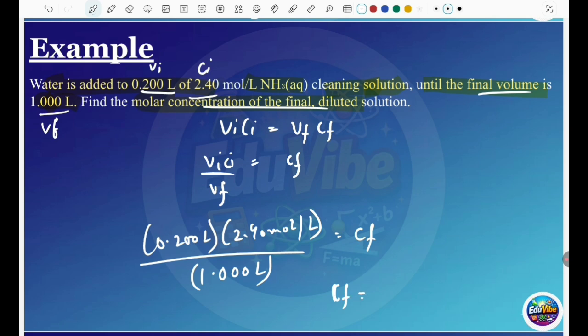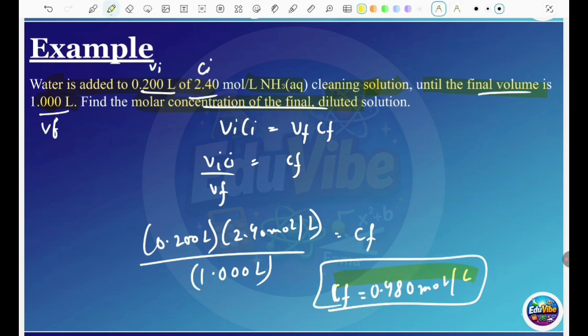Then Cf is equal to 0.480 moles per liter. Easy thing. Just know this formula and know what hints are given in the question. After that, it's just a calculation.